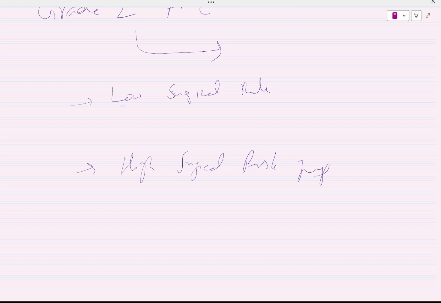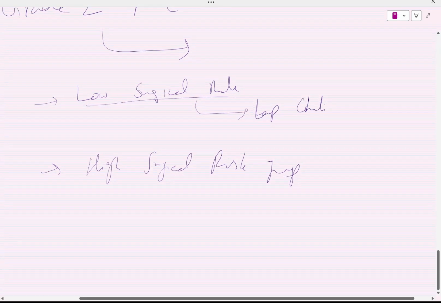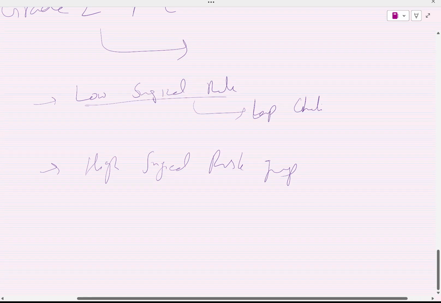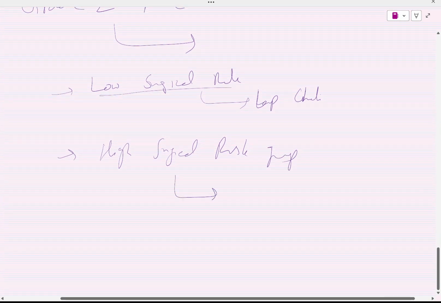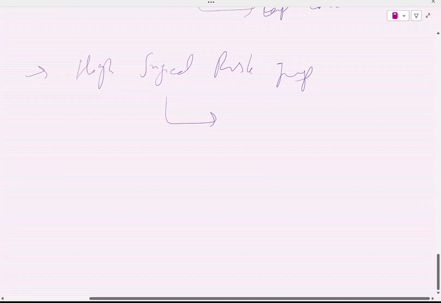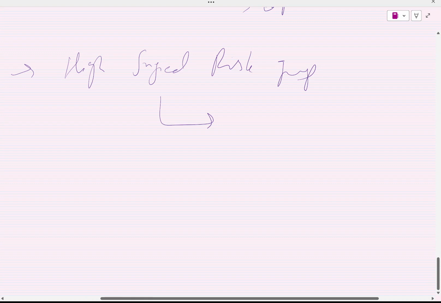If low surgical risk, we will perform laparoscopic cholecystectomy, and the same protocol is followed: discontinue antibiotics after 24 hours of surgery. If a grade 2 patient is in the high surgical risk group, we will give antibiotics until symptoms improve, then interval cholecystectomy.